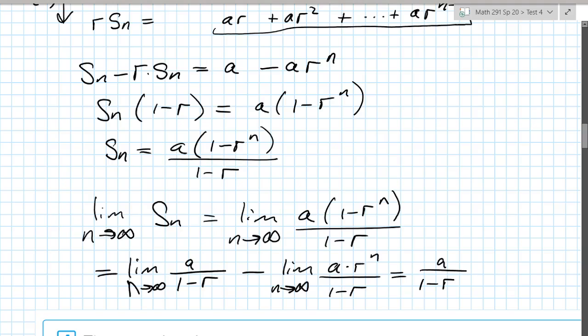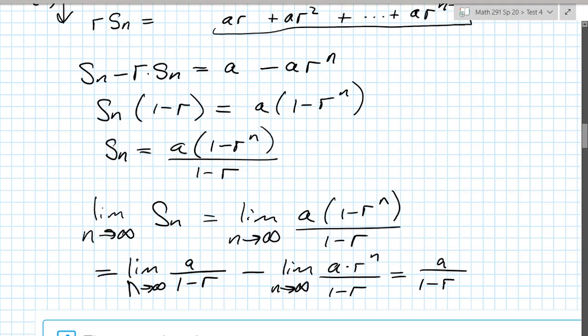If r is greater than 1, this limit diverges. If r is equal to 1, this limit diverges. If r is less than or equal to -1, this limit diverges. But if r is between -1 and 1, then this limit goes to 0.